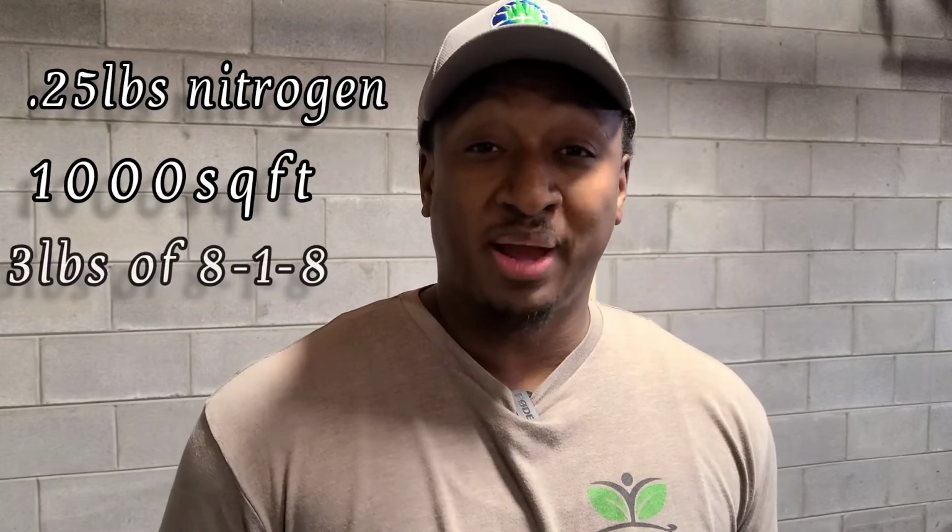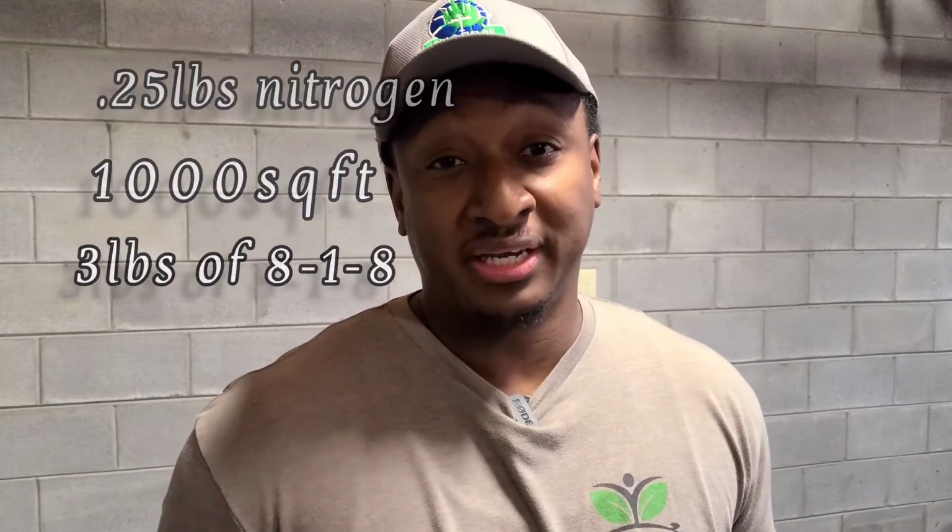So according to the calculations, for me to get a 1/4 pound of nitrogen on 1,000 square foot, I'm going to need 3 pounds. So I'm going to put 3 pounds of the 18-18-18 into the bucket.